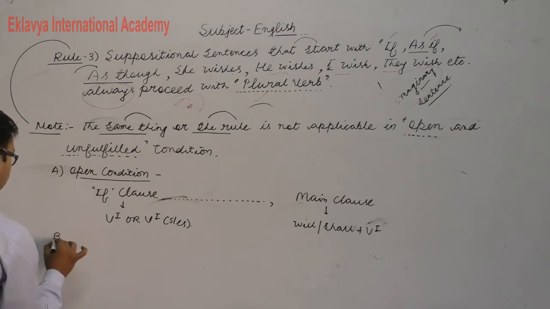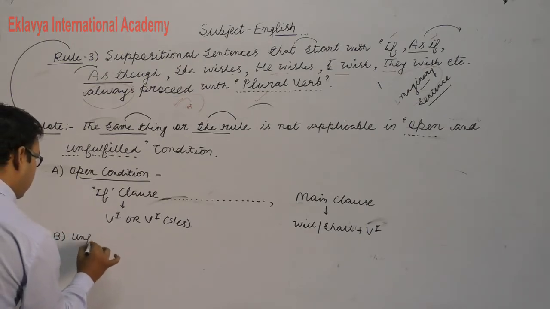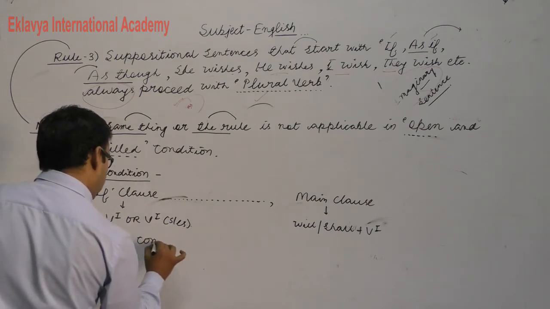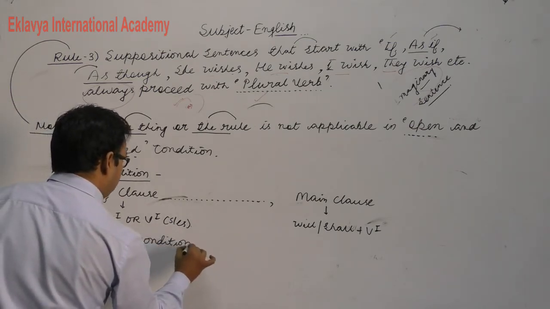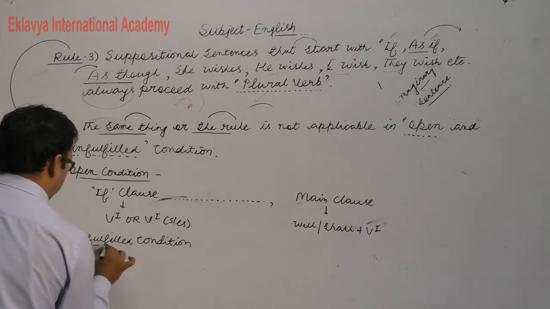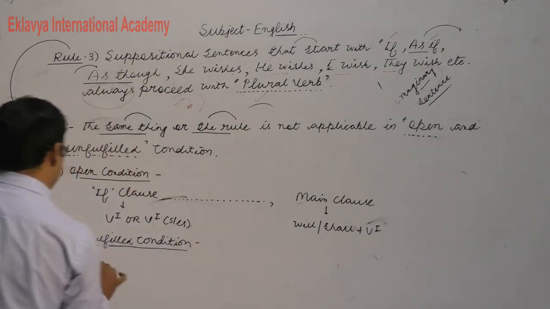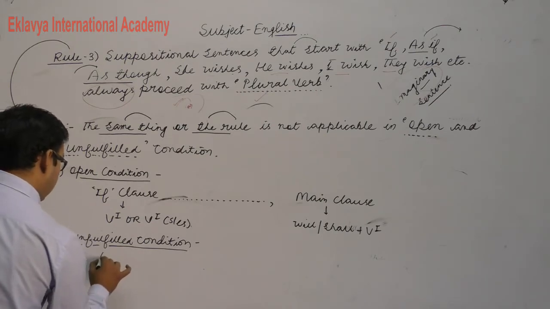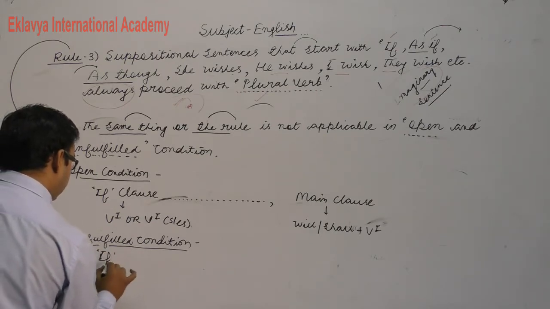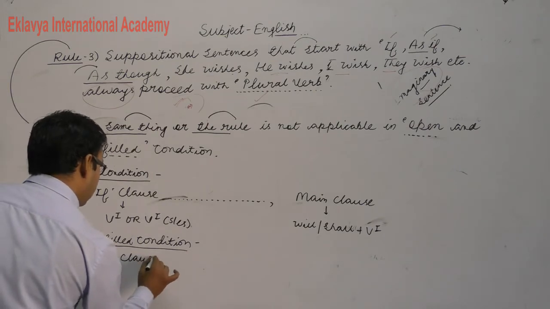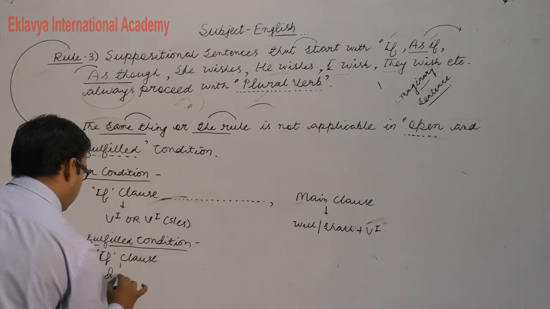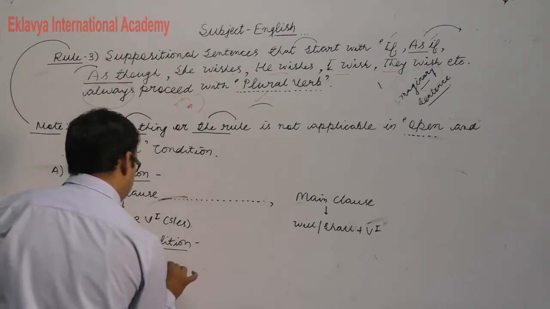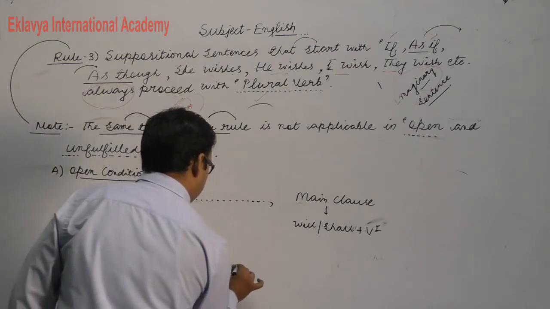Number B is unfulfilled condition. Okay students, we'll have unfulfilled condition. If clause: had plus third form.